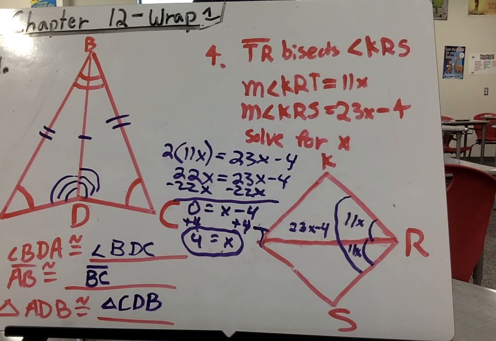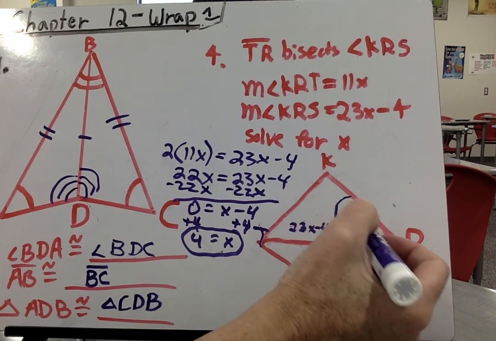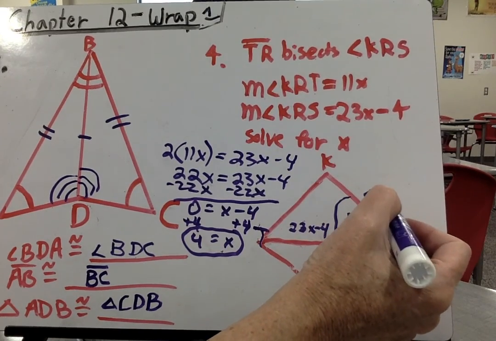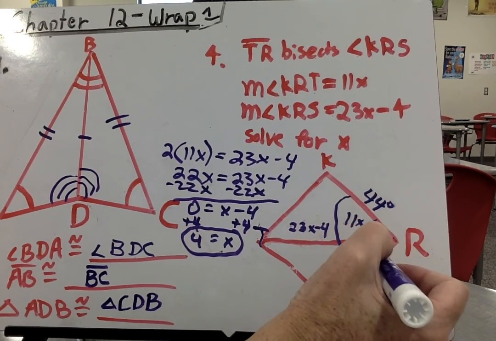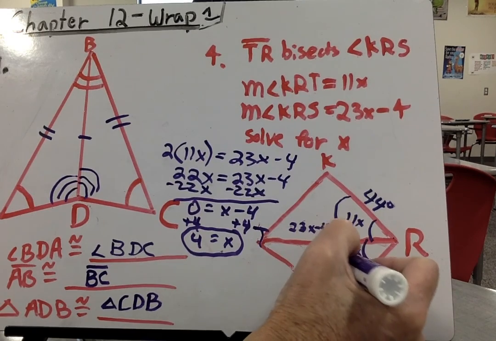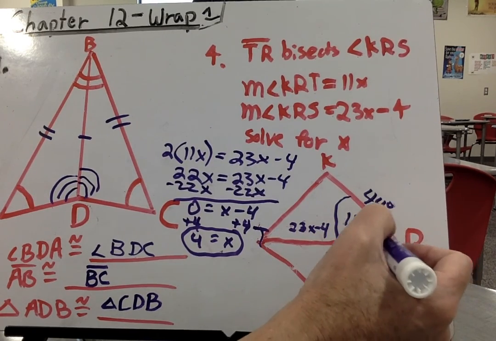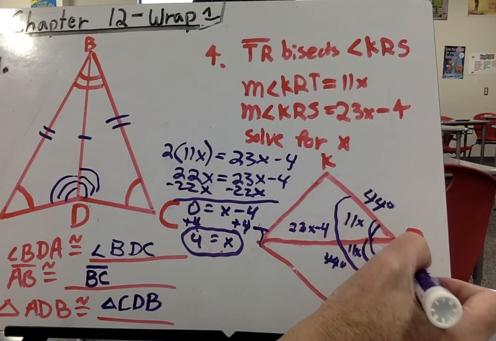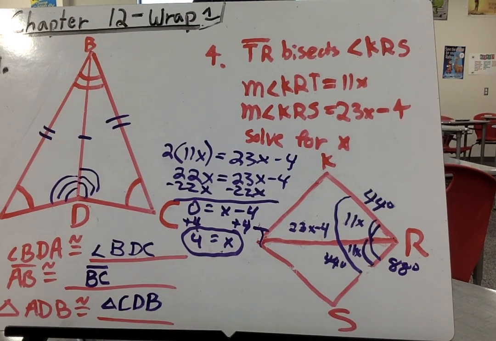Okay. If x equals 4, we know that this 11 times 4 is 44 degrees. This is 44 degrees. And the whole angle is 88 degrees. Okay. So find angle KRS. That's the bigger one.